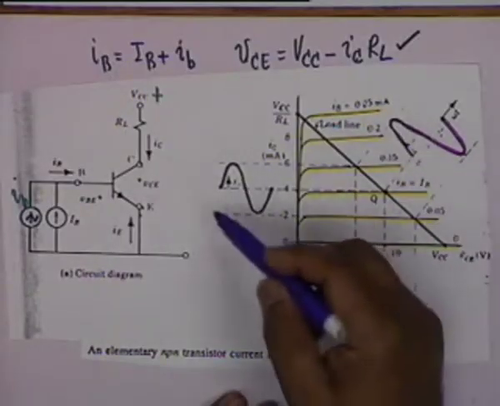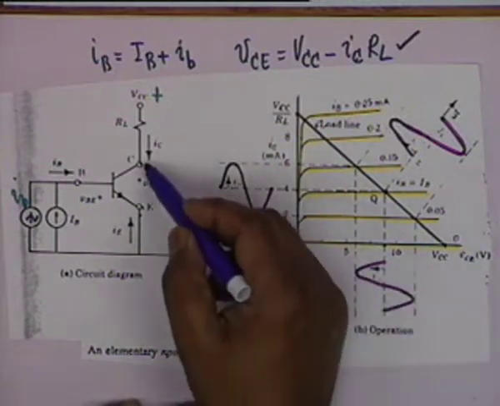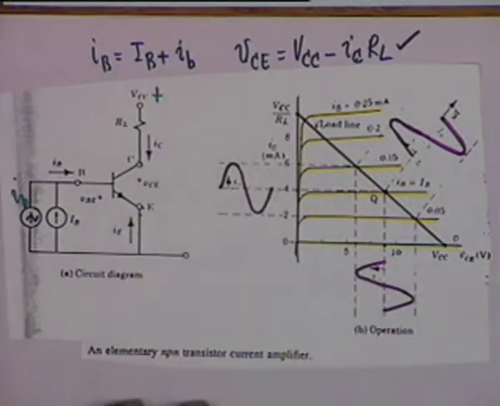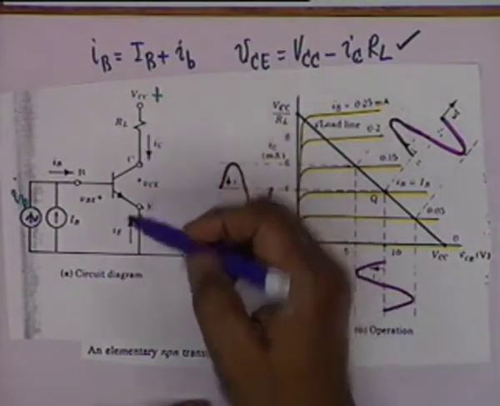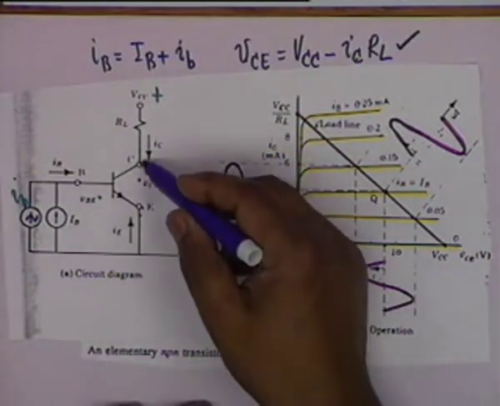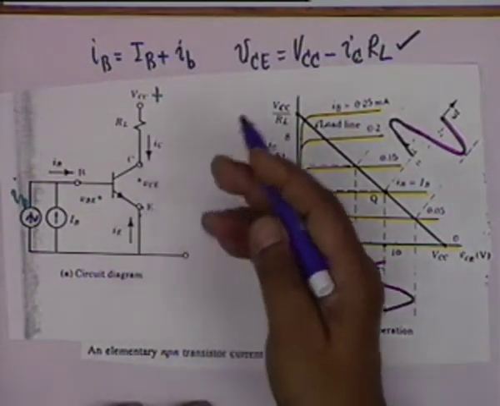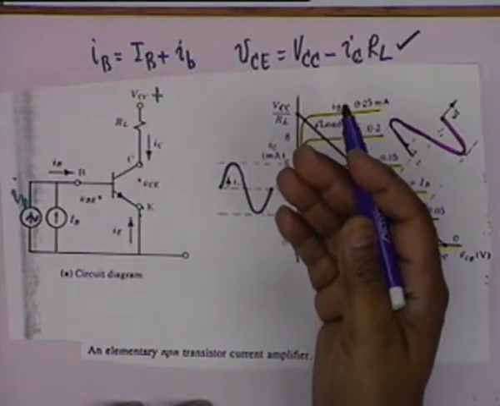In addition, if you look at the phases, when the base current increases, the collector current also increases. So they are in phase. All right. On the other hand, if you look at this voltage from collector to emitter, VCE, when the collector current increases, VCE decreases, and therefore the VCE variation shall be out of phase with the input current variation.